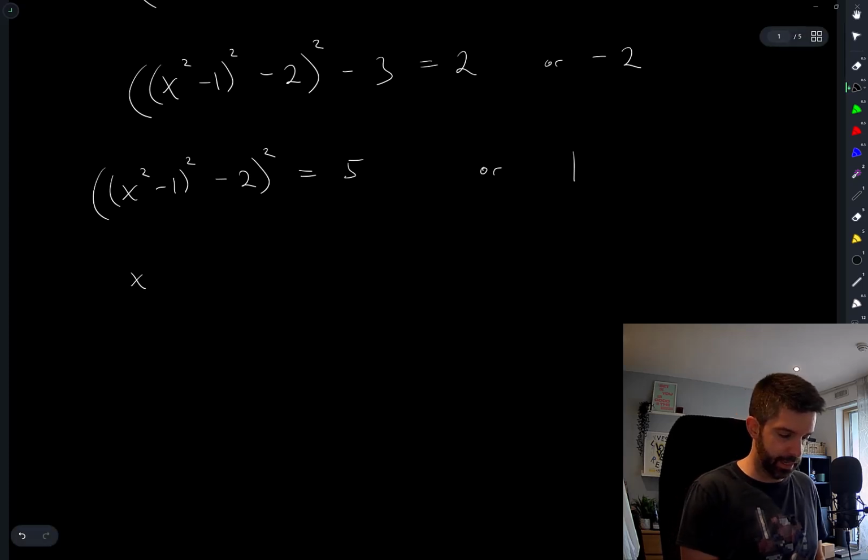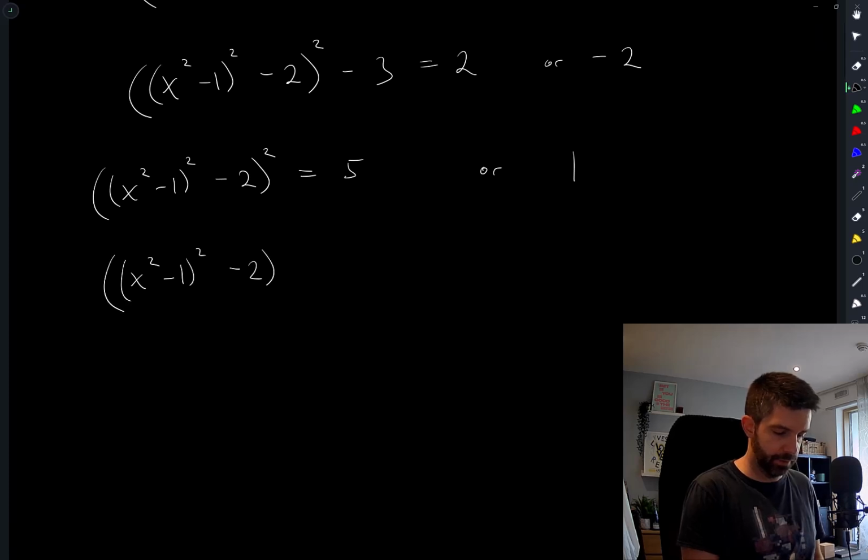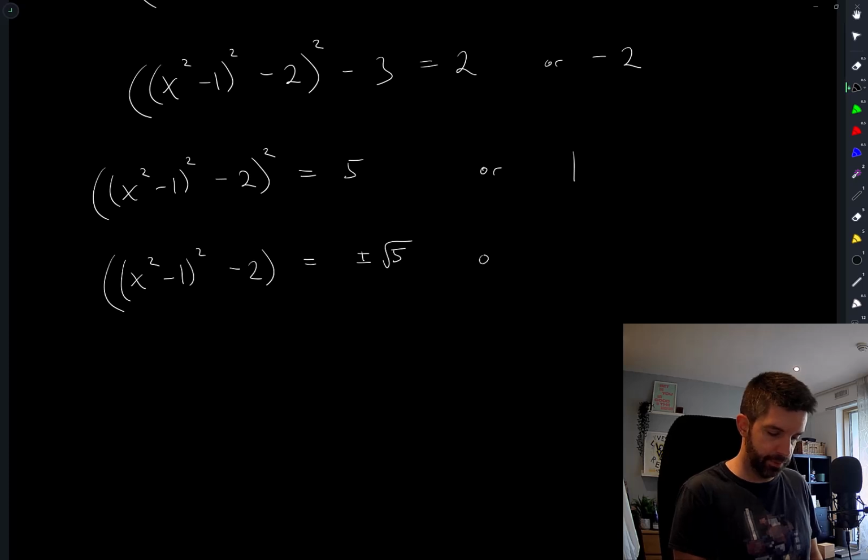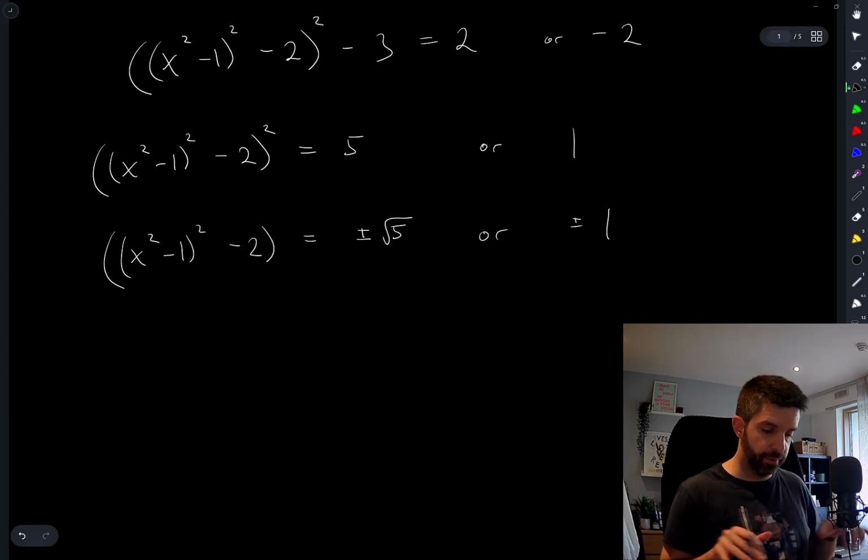So then x squared minus 1 squared minus 2 is equal to plus or minus root 5 or plus or minus 1. So we're up to 4 considerations here now.